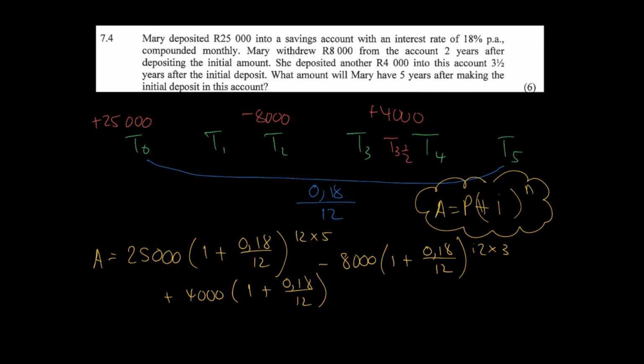So if it's going to be in the account for 1.5 years compounded monthly, it means that it will be compounded 18 times. So that will be to the power of 18. Again, as always, when we're working with money, we would need to round our answer off to 2 decimal places. We would put that into our calculator and we would discover that our answer would be 52,636 Rand and 74 cents.